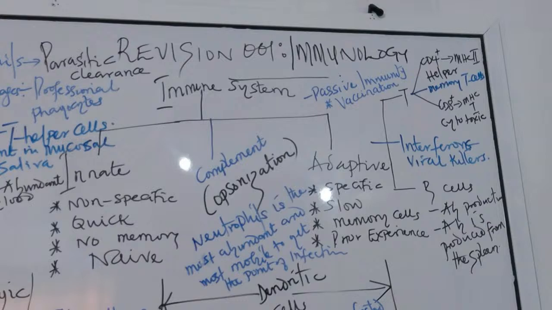Don't forget that in this course, immunology, the immune system can actually be divided into two. The first one is the innate immune system, and the second one is the adaptive, or what is called the specific immune system.